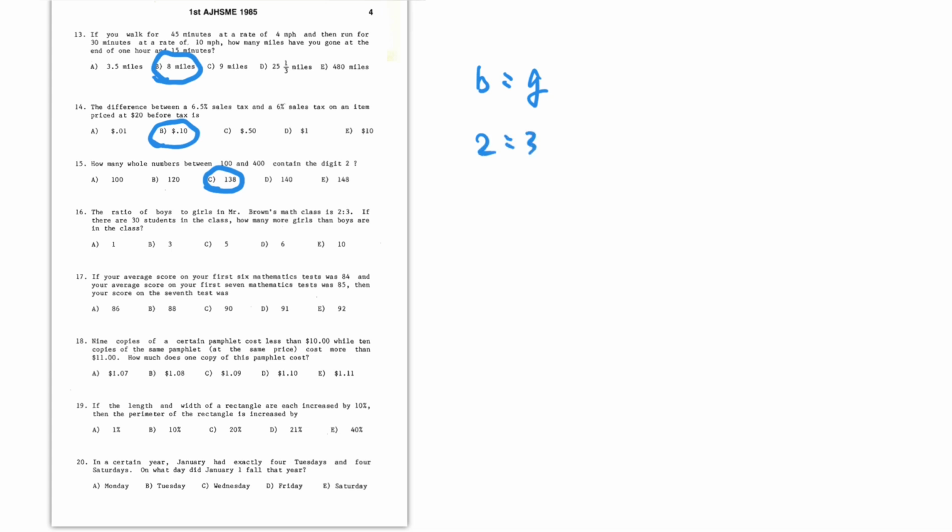That means 2 over 5 of all students are boys, and 3 over 5 are girls. So the difference of the fraction, girl fraction 3 over 5 minus boy fraction 2 over 5, is 1/5.